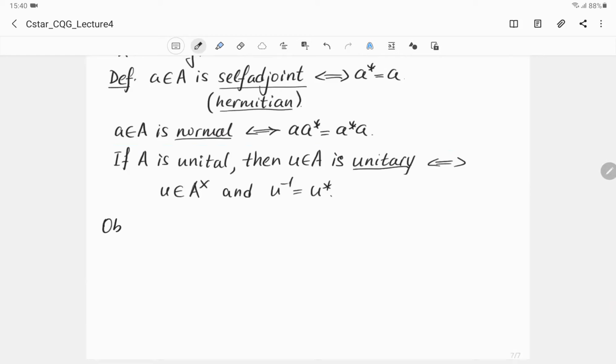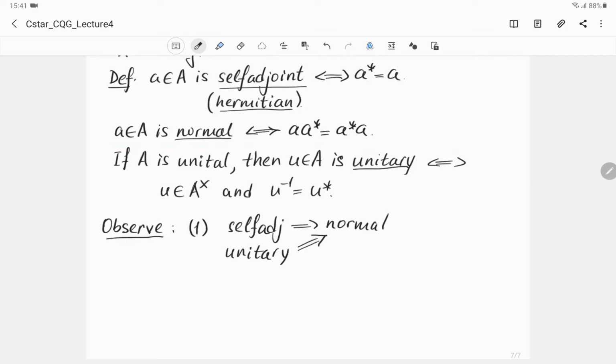Let's observe that each self-adjoint element is obviously normal. And each unitary element is also normal. So normal elements generalize both self-adjoint elements and unitary elements. And by the way, this is the main reason to introduce normal elements.